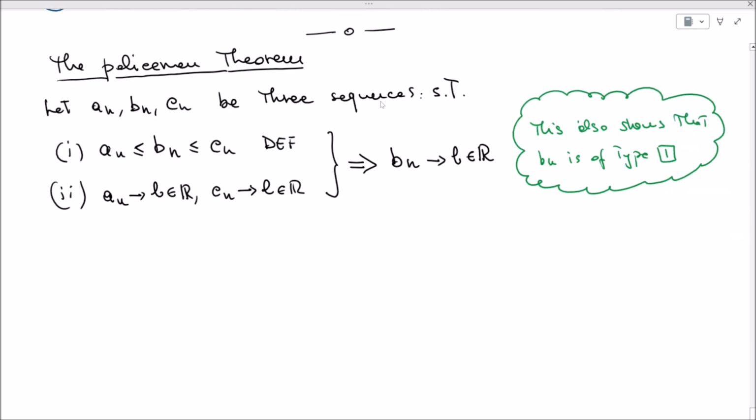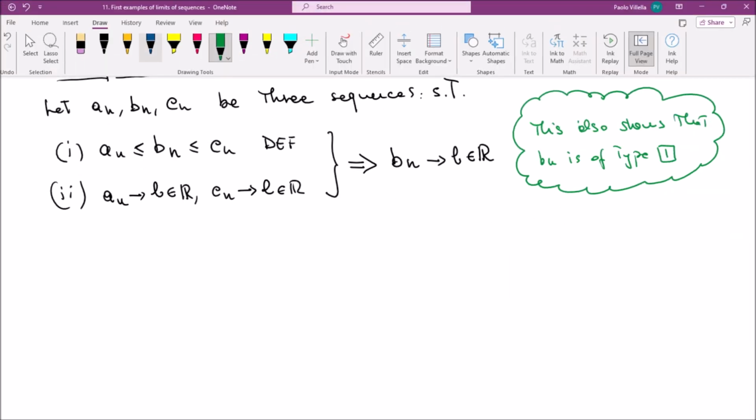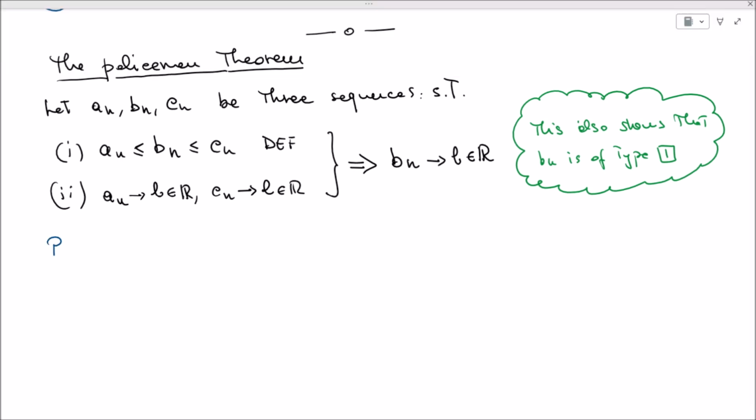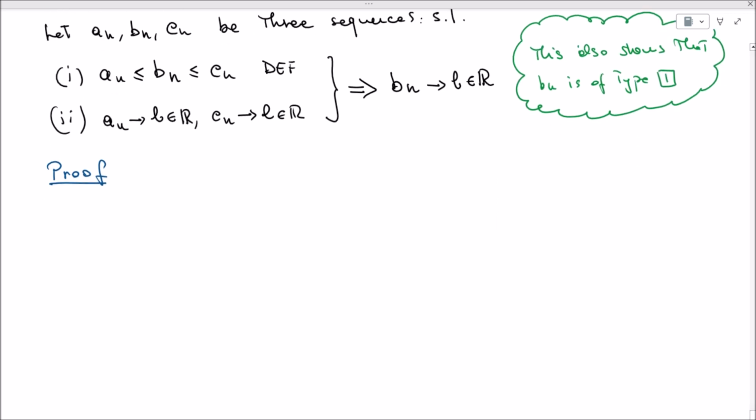Let's now prove this theorem. Let's prove this theorem, which is very relevant, very important in what we will be using and what we will be doing later. So what we wish to show is the following.